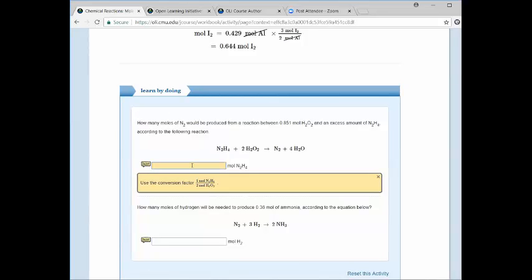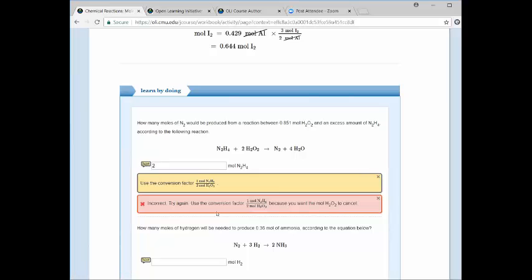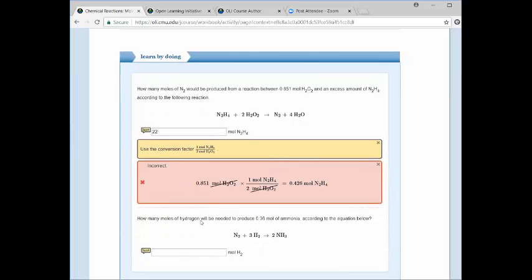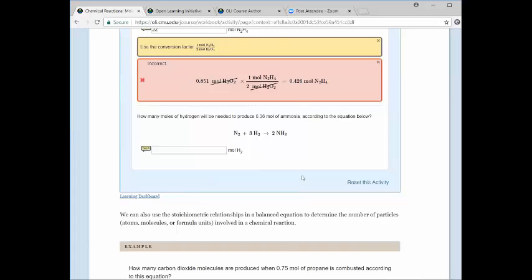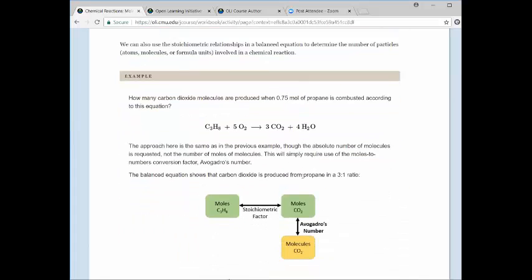For numeric input problems, of which there are many, if they get the incorrect answer, they do get a second chance. So this says incorrect, try again, and gives a little bit more information. On their second incorrect answer, they are then just given the answer.